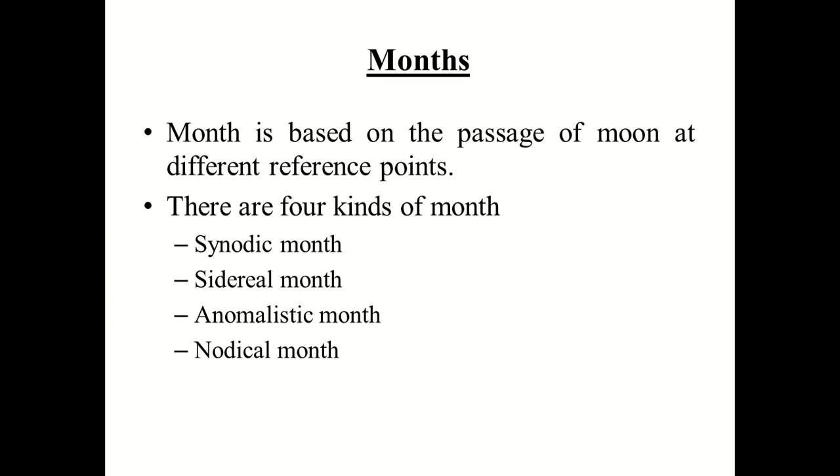Here I told you the month is based on the position or the passage of the moon at different reference points. So the reference object is the moon, and we can have four different positions for defining different months based on the passage of the moon.